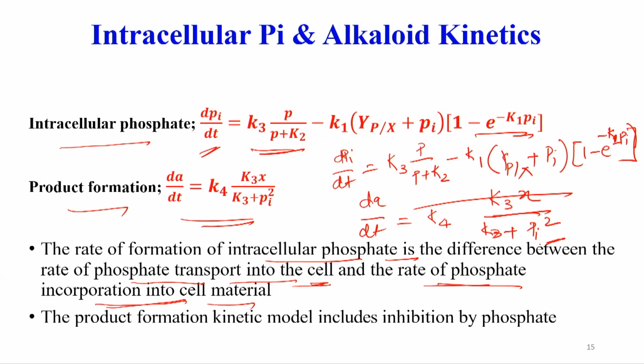So, the product formation kinetic model includes the inhibition by phosphate. Basically, it is repressing the particular phosphatase enzyme, and in that way it is inhibiting the product formation kinetics.